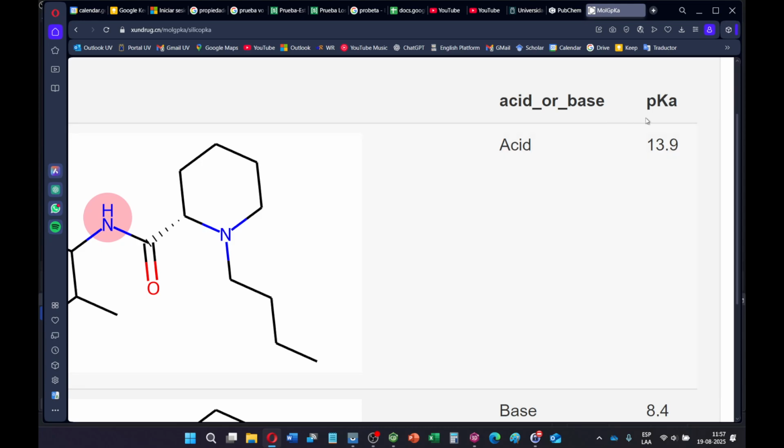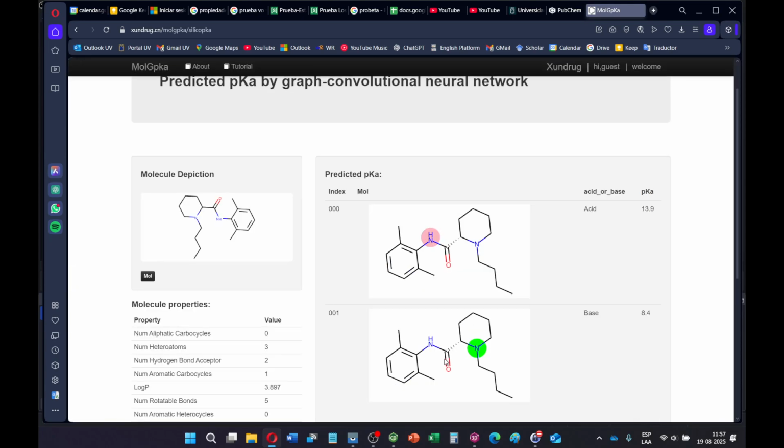That is, I need a base with a pKa greater than 13.9 to remove that proton. The physiological pH is 7. Therefore, at pH 7, this proton will stay, it is impossible to remove. And from there you can predict for mepivacaine, and we return to the tip.